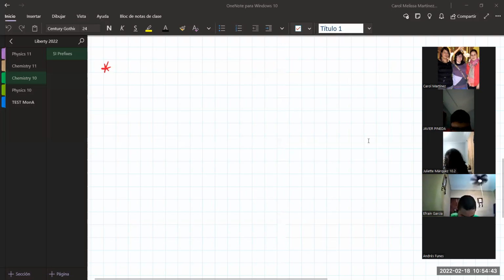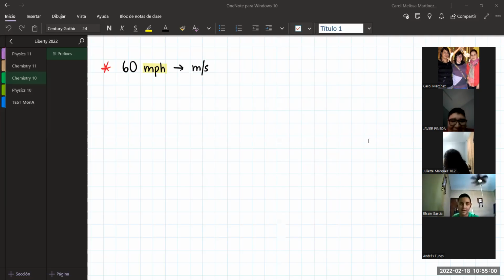Okay, we need to convert 60 mph. You know what mph means? Miles per hour. Yes, these are miles per hour, and miles per hour are written like a fraction.